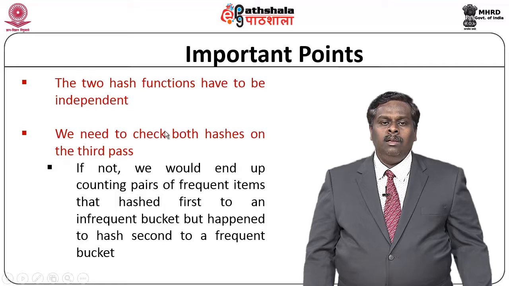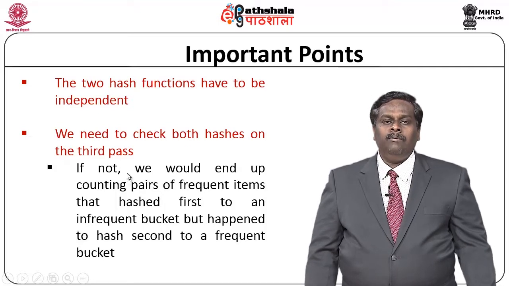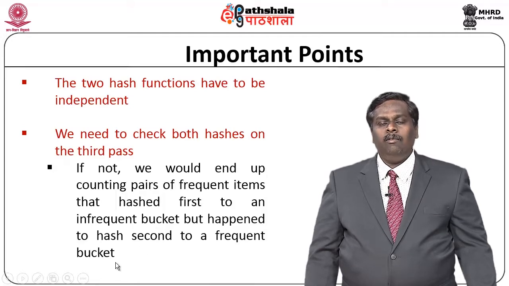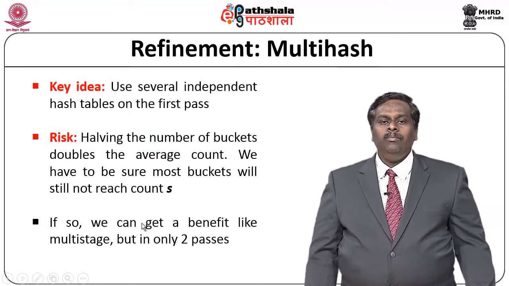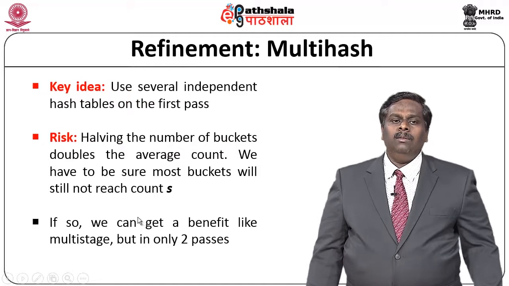Now, we need to check whether both hashes hold on the third pass. If this does not happen, then we would end up counting pairs of frequent items that hashed first to an infrequent bucket but happen to hash second to a frequent bucket. So, you may end up with, say, a false positive. Now, how may this be refined?